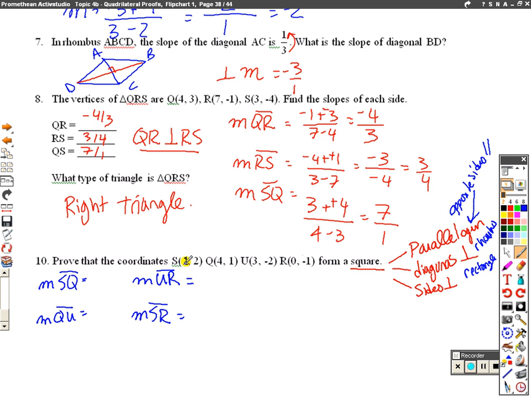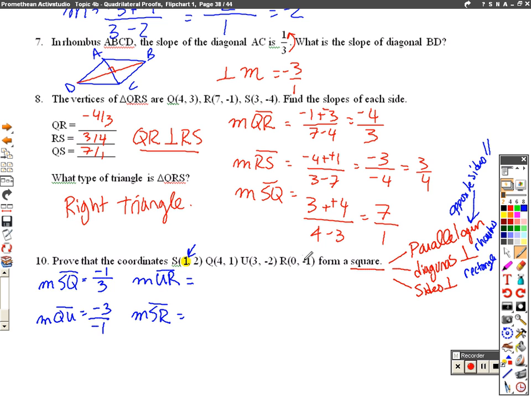Okay, so SQ, we've got 1 minus 2, which is -1, over 4 minus 1, which is 3. So we got negative 1/3. And this was a change. Just make sure you see that that was actually supposed to be a 1. It says a 2 on your paper, but it's actually a 1. All right, QU. So I've got negative 2 minus 1, which is negative 3, over 3 minus 4, which is negative 1.